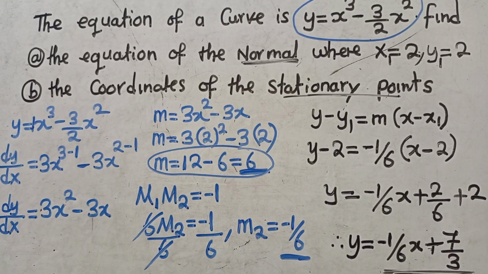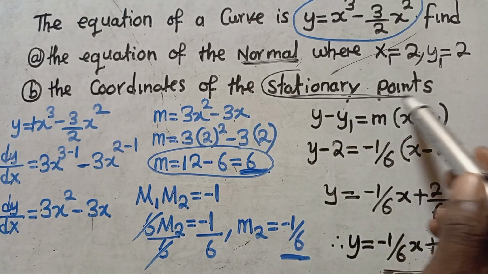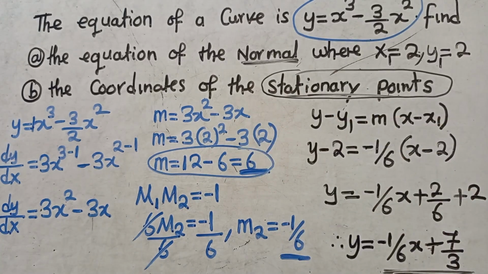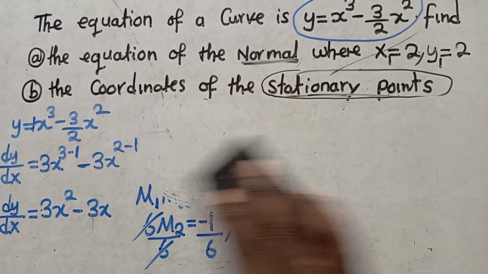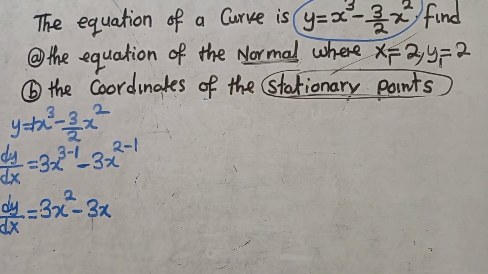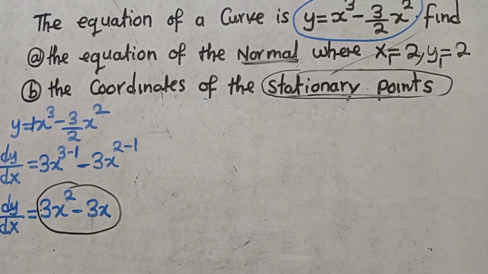We move now to the coordinates of the stationary points. This is the next question that we are given. Finding the coordinates of the stationary points, you get the equation and equate it to 0.